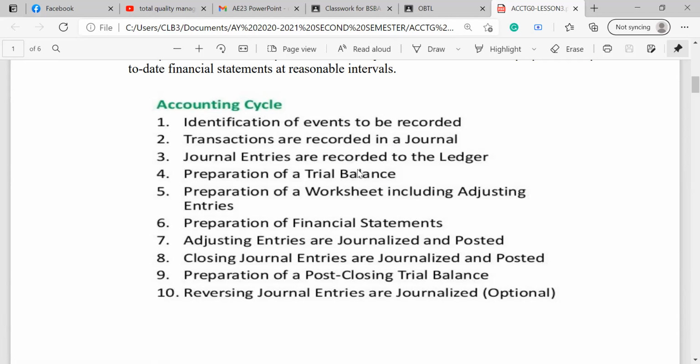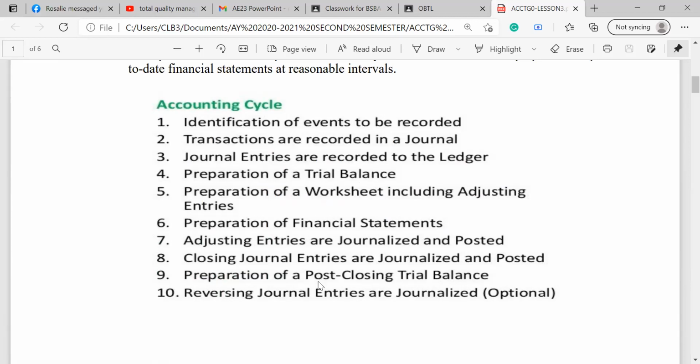Number 4, you prepare the trial balance. Number 5, you prepare the worksheet, which includes your adjusting entries. Number 6, preparation of financial statements, of course. 7, adjusting entries are journalized and posted. Number 8, closing journal entries are journalized and posted.